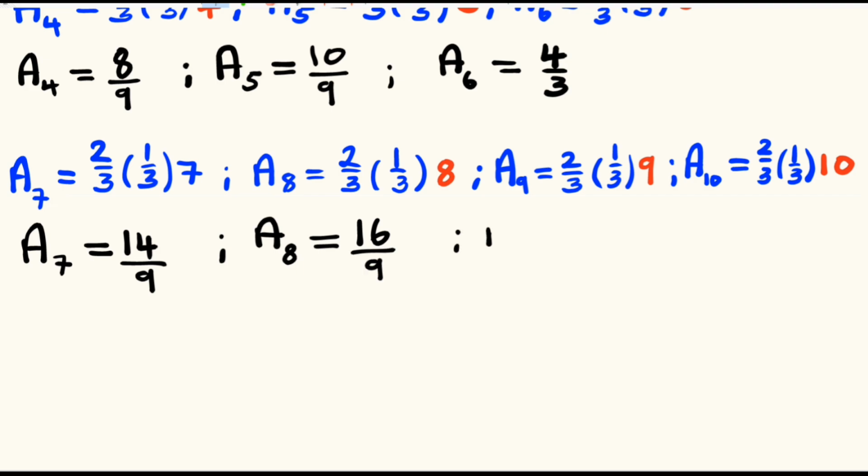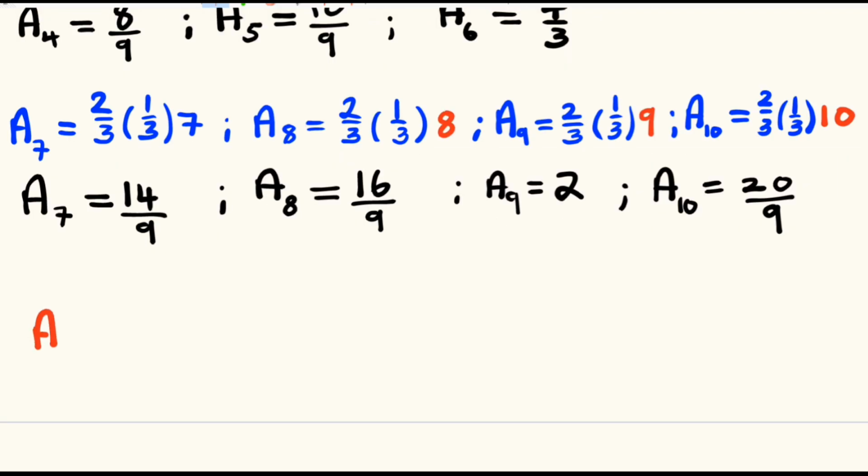And area number 9 will be equals to 2, because the 3 multiplied by 3 in the denominator will cancel out with that 9. And area number 10 will be equals to 2 by 1 by 10, which is equals to 20 in the numerator. And 3 multiplied by 3 will be equals to 9 in the denominator.